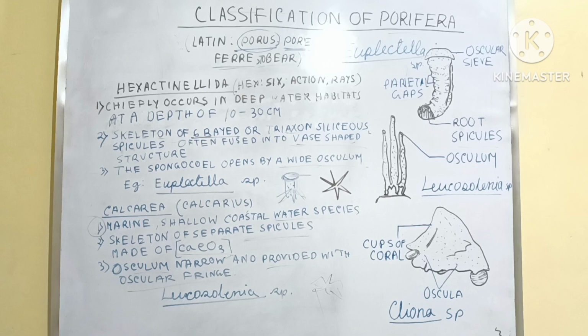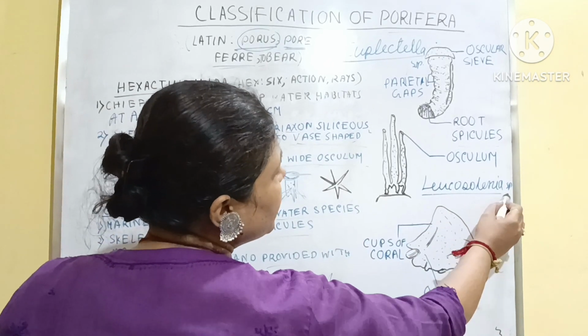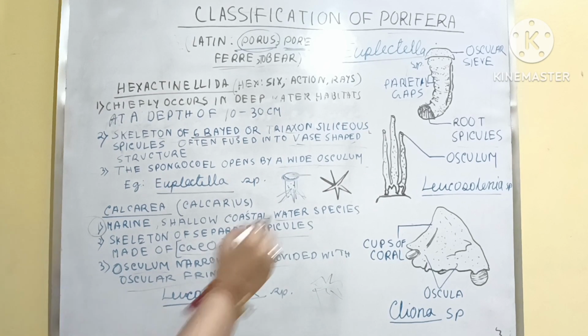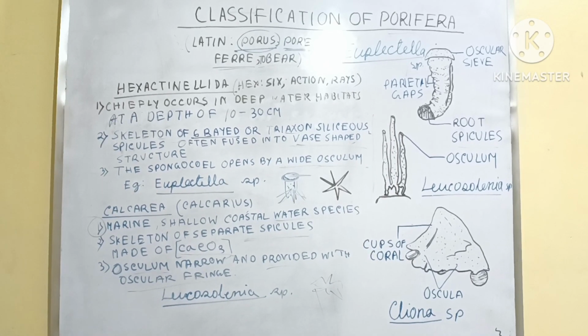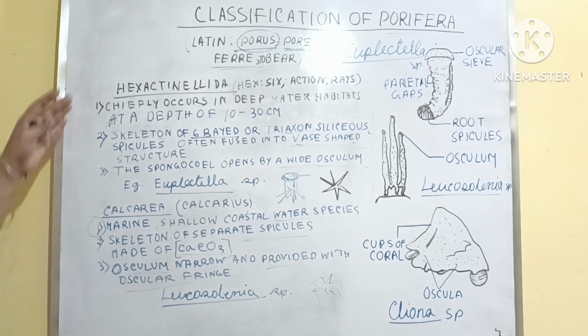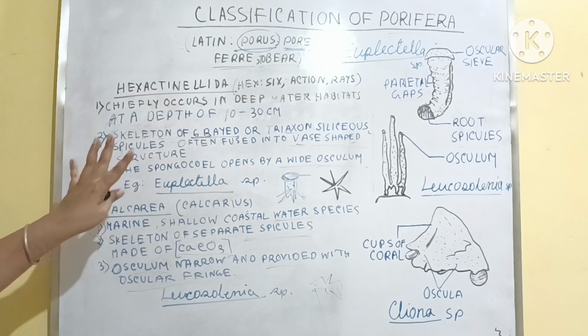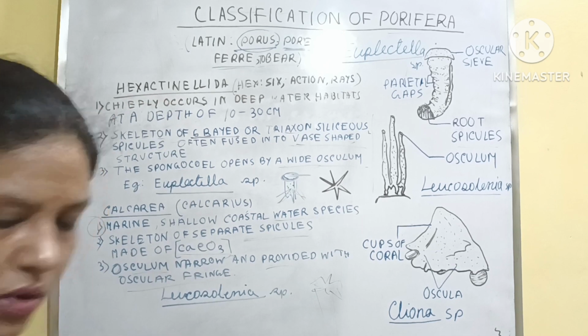An example is the Leucosolenia species, and this is the rough sketch of the Leucosolenia. Clear? So these are the two classes we have learned now, and after this we have to learn the other two classes related to the Porifera.